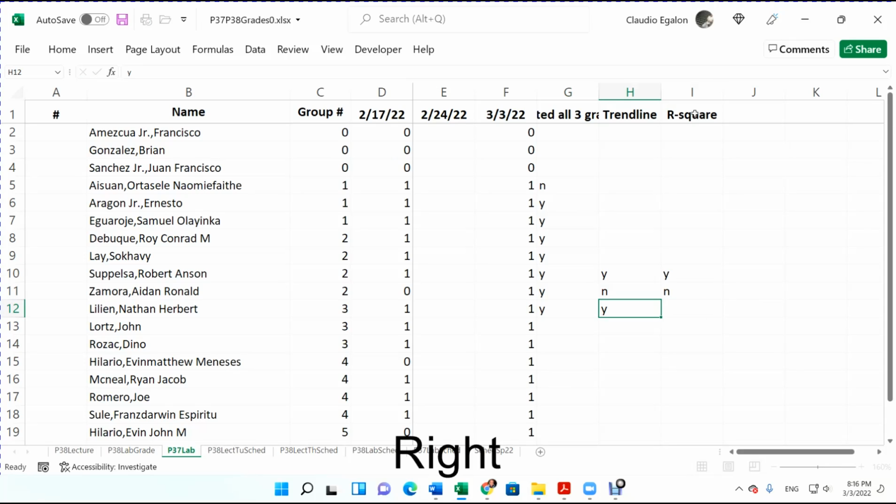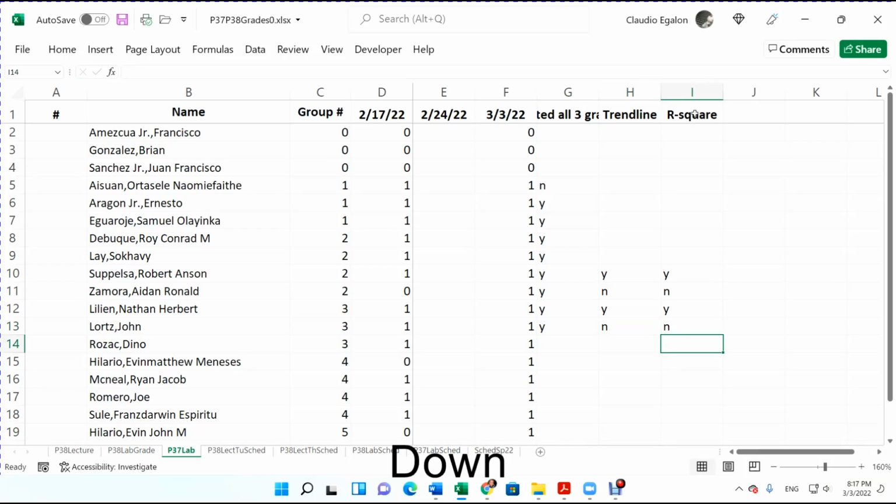Yes, good, you're ahead of many people. John, did you plot the three graphs and get the trend line and R square? I plotted the three graphs, but since we're starting on a new one, I forgot how to do the trend line and R square. Okay, I will cover that very soon. Bear with me. Dino, did you plot the three graphs? Did you do the trend line and the R square?